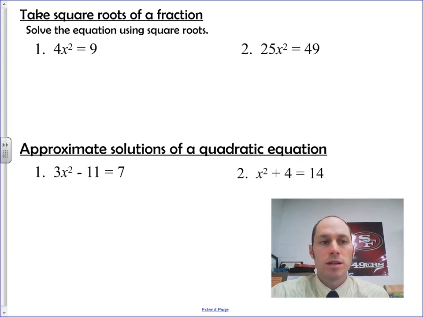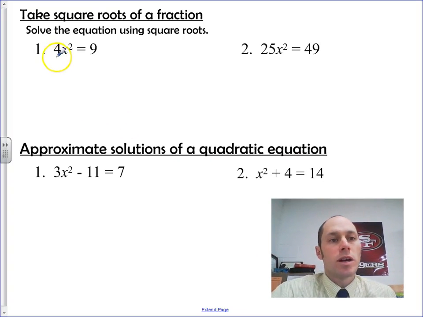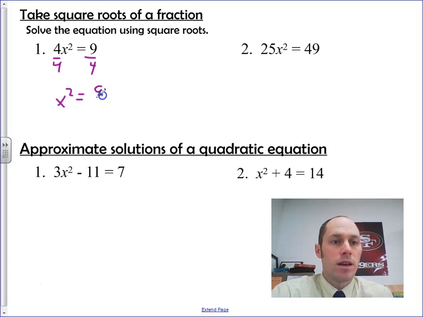let's try a couple more examples. So 4x squared equals 9. Notice I just have an x squared, so if I can get it by itself, divide by 4. X squared equals 9/4. And then I take the square root. X will be plus or minus. We're going to take the square root of a fraction.